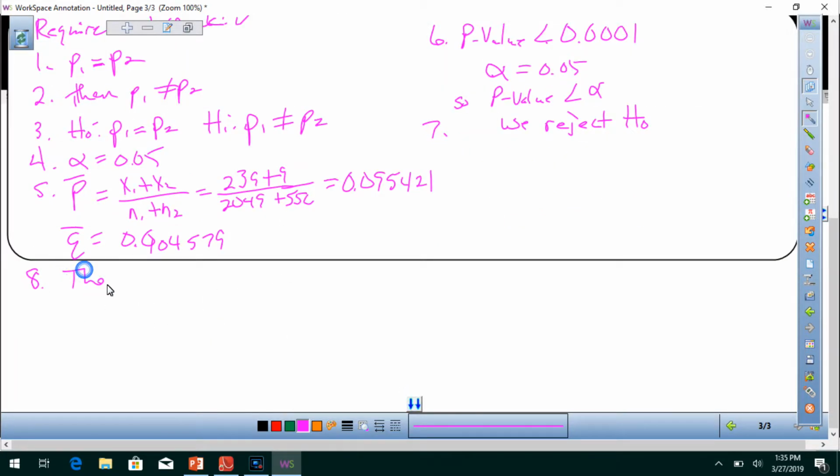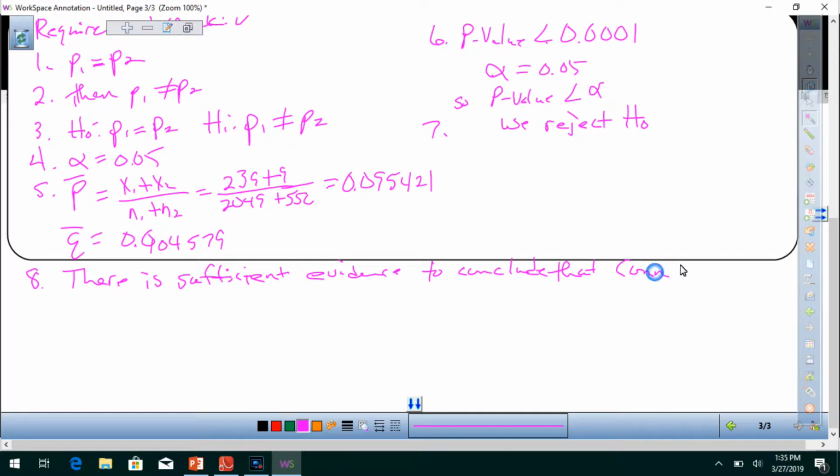There is sufficient evidence to conclude that Connecticut and New York have different proportions of cars with rear only license plates.